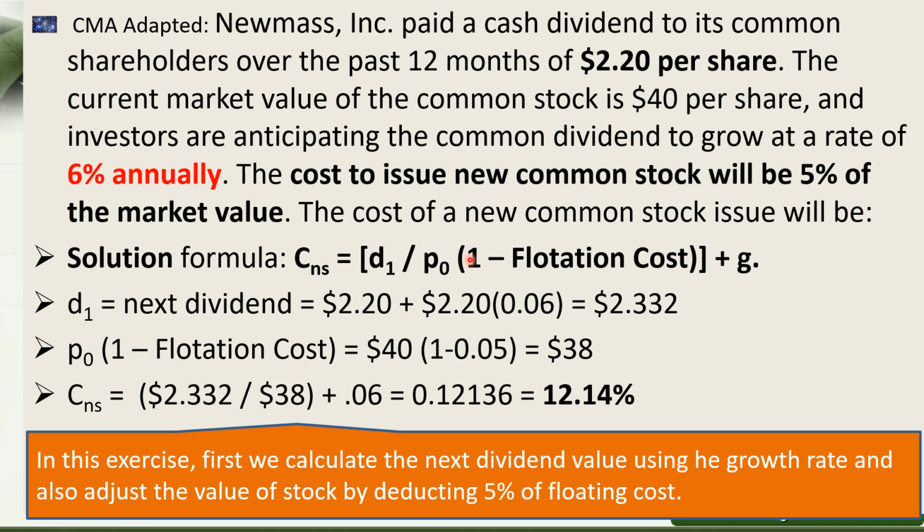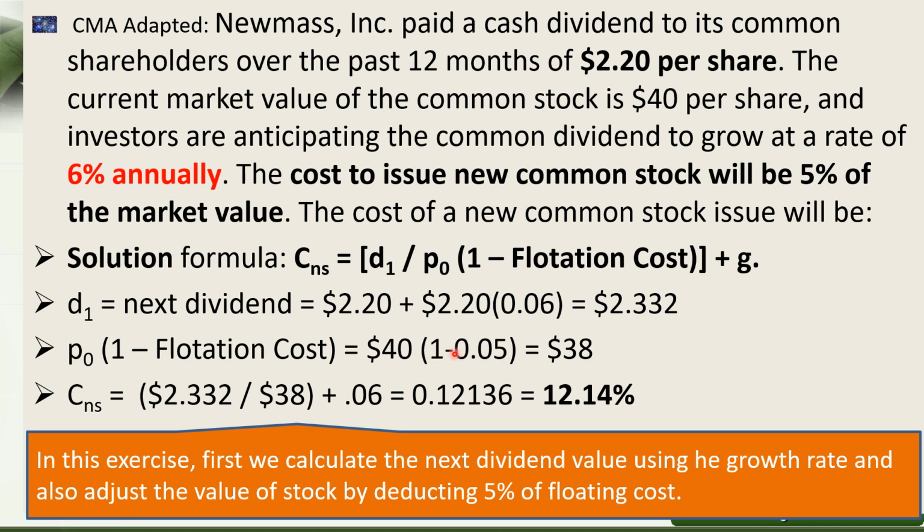Then the P value, which is the price of the common stock, is $40 per share. Out of this 40, you calculate the flotation cost, which is 5%. So you deduct it, like 1 minus 0.05.